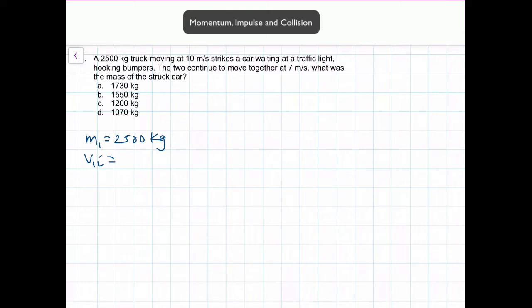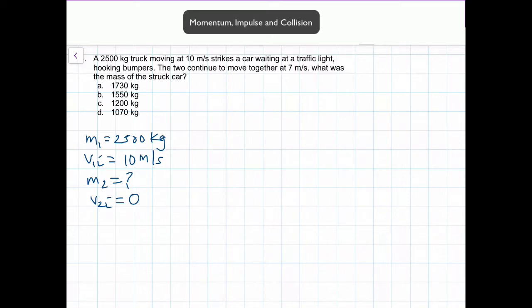So that's its initial velocity. It strikes a car waiting at a traffic light, which we can call M2. Its mass is not known, and it's waiting at the traffic light, which means its initial velocity was 0.